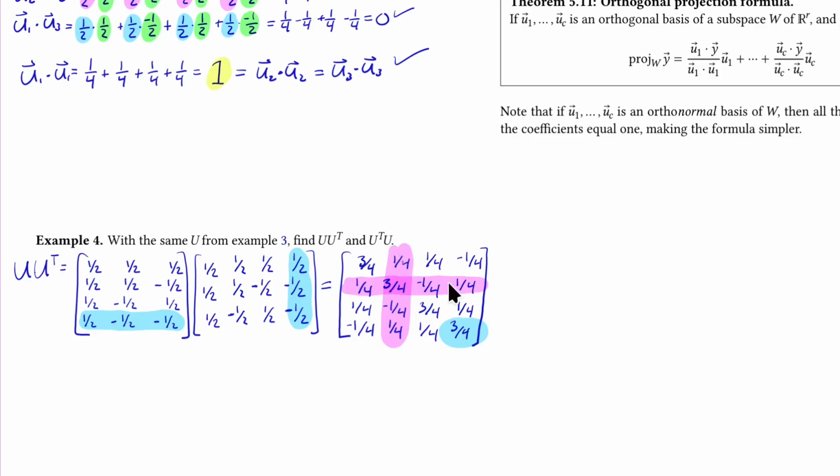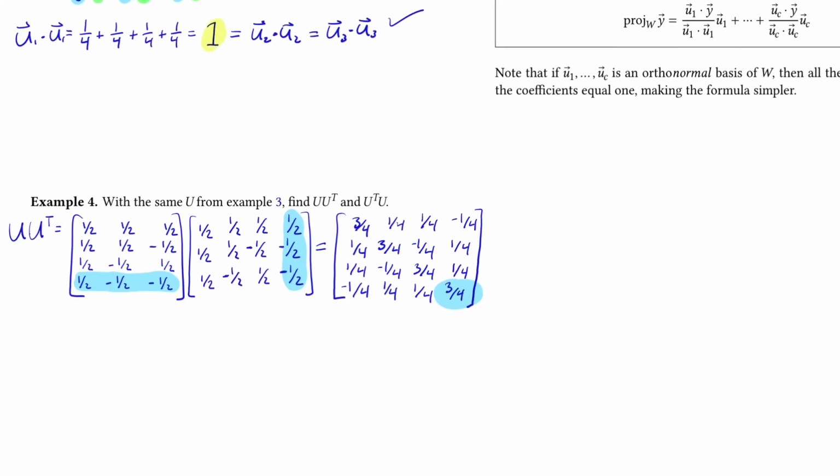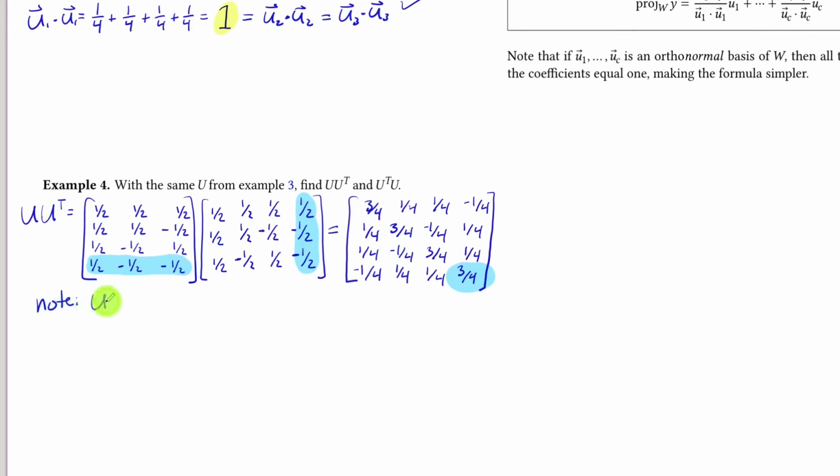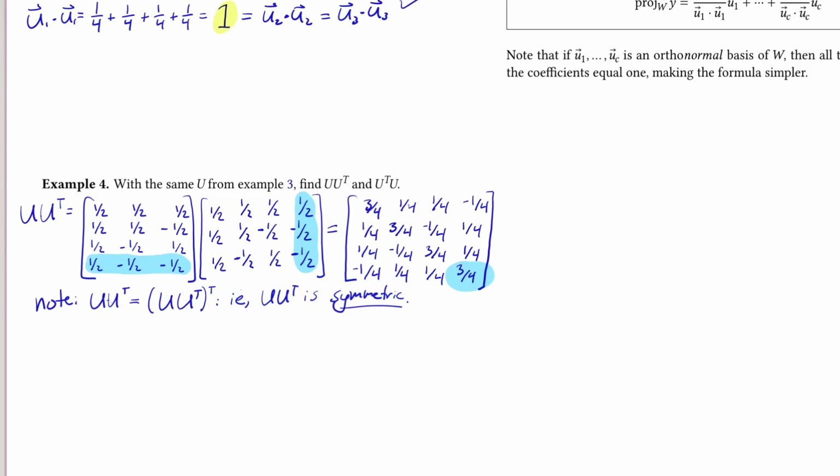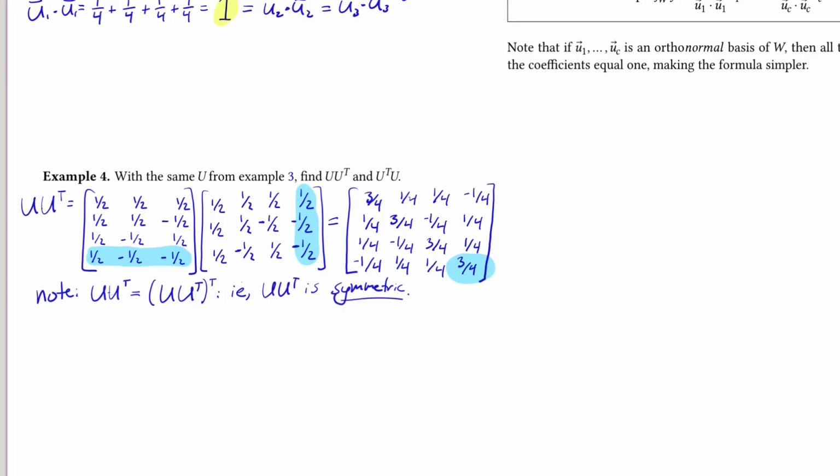And that's true with any other row or column. Like row 1 is the same as column 1. That's actually going to be really important in chapter 6 when we look at symmetric matrices. So it's equal to its own transpose.